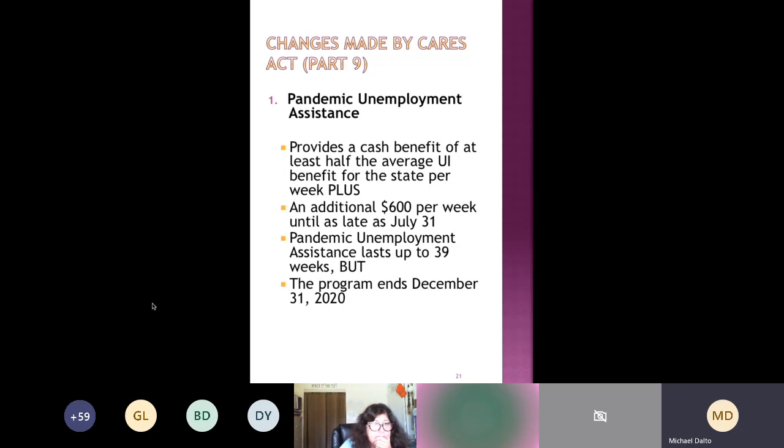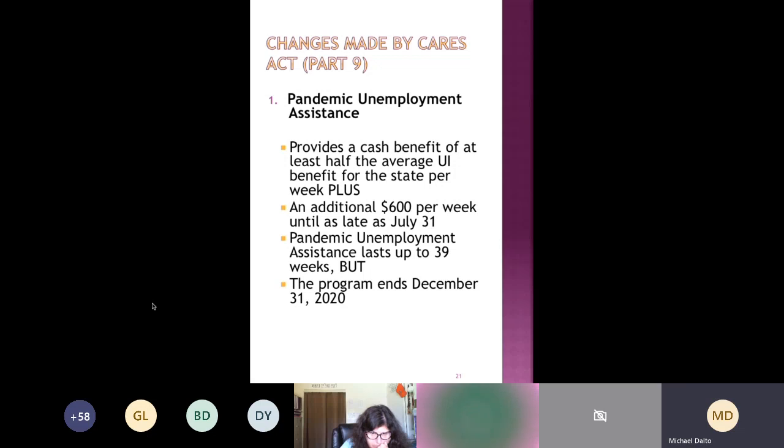But pandemic unemployment assistance lasts a maximum of 39 weeks, which is 9 months. And the program ends December 31st of 2020. So what would happen if a person got pandemic unemployment assistance and they had only used up a few months of it, and the end of July came? Well, at the end of July, they'll no longer get the extra $600 a week starting in August.